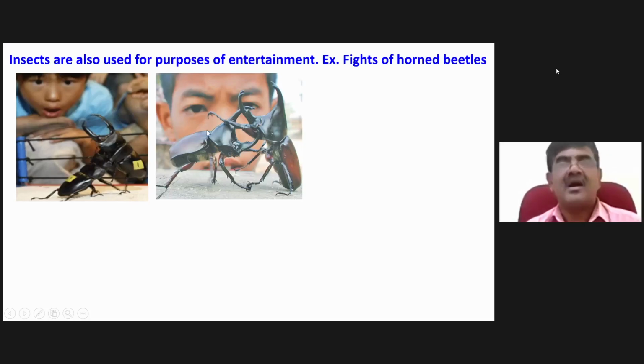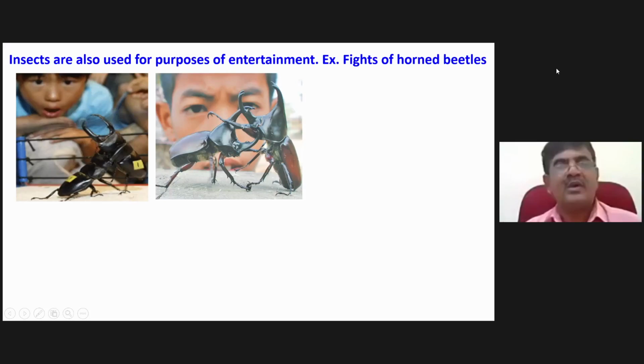These beetles are called horned beetles or stag beetles. They used to do betting. In village sites they bet on cockfights; similarly they bet on insects, that this insect will win or that one.